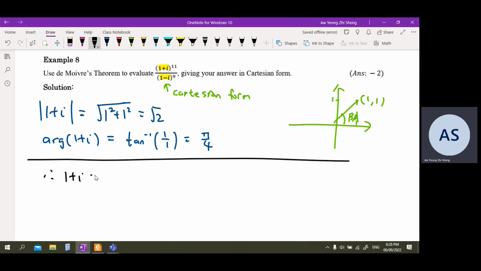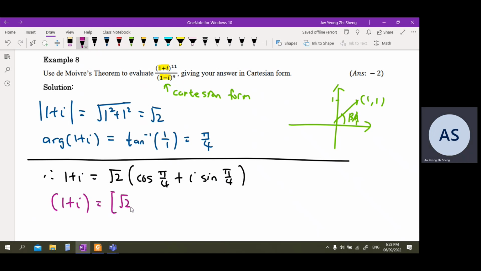Therefore, 1 plus I can now be written as, I choose to use the modulus argument form here. So it will be r times cos theta plus I sine theta. And now, since we already have the modulus argument form, we can then take power 11 on both sides. 1 plus I will be this whole thing on the right hand side, taken to power 11.